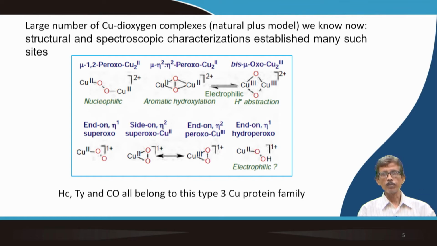Similarly, for the examples we have seen for your dopamine beta hydroxylase or PHM, we have the mononuclear center and you have the terminal binding like that in your myoglobin molecule.